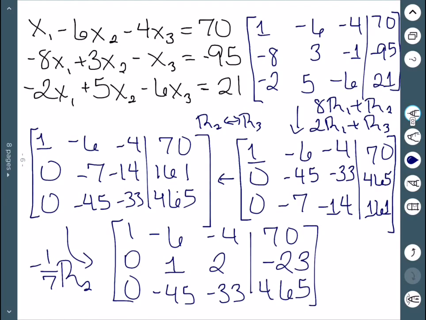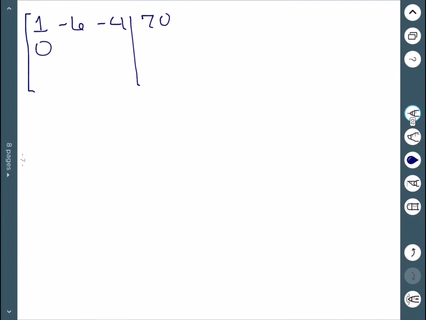Next, we need to get zeros in all other entries in that column. So, what we had before was 1, negative 6, negative 4, 70. 0, 1, -2, 23. 0, minus 45, minus 33, and 465.